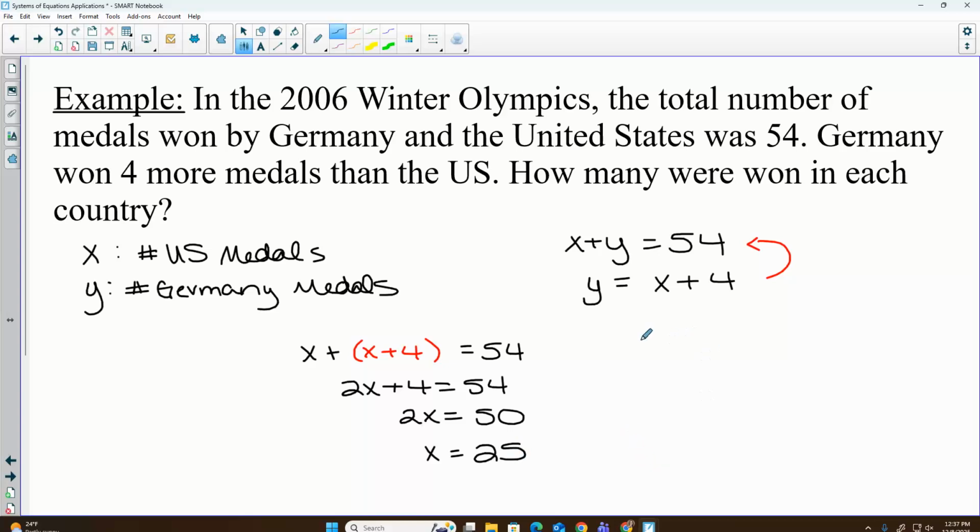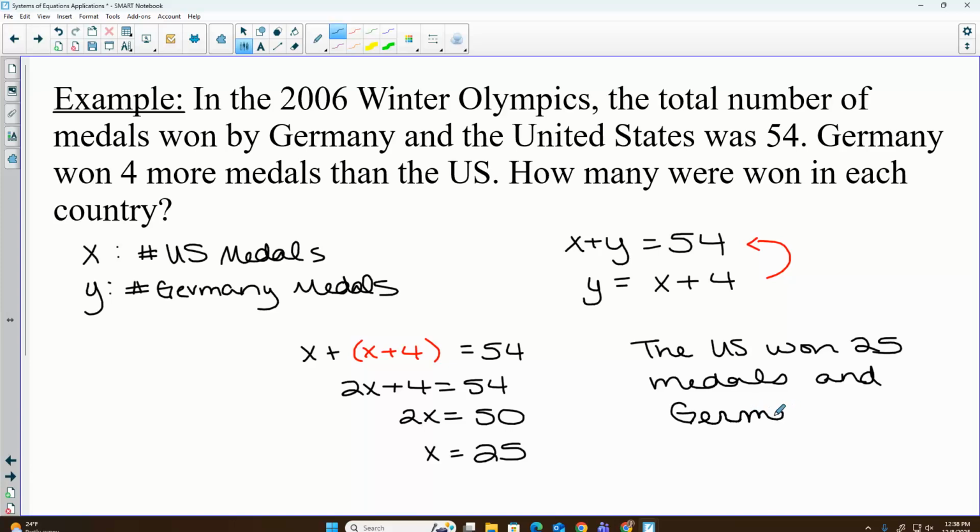So then we need to answer the question. X was the number the US won, so the US won 25 medals, and Germany won... we have to plug it into either equation, probably easiest to do the second one.